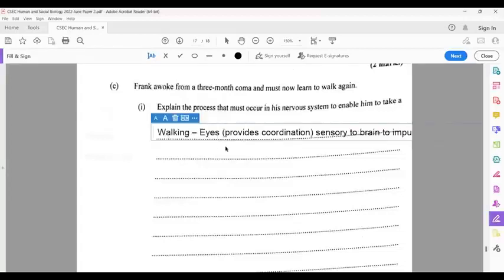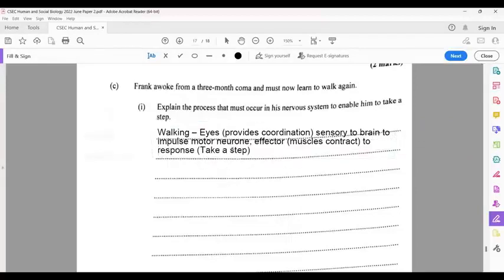So we just outline it in a simple flow chart-like response for you. He is using his eyes, which would provide his coordination. All right, so his eyes, which are also sensory, send information to the brain. His impulse would go to his motor neurons, effector, muscles, and we know those muscles would contract and relax.